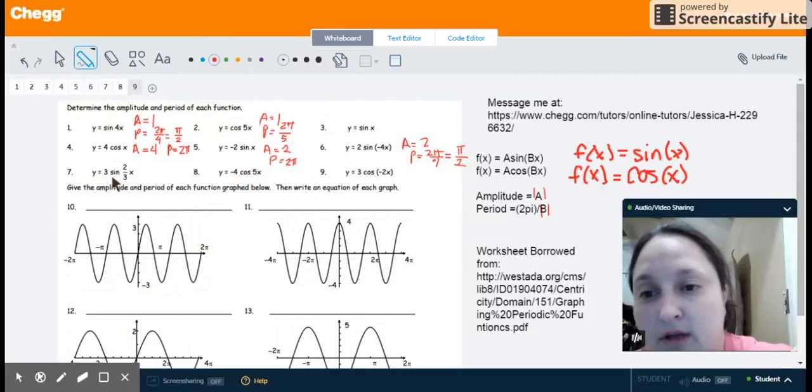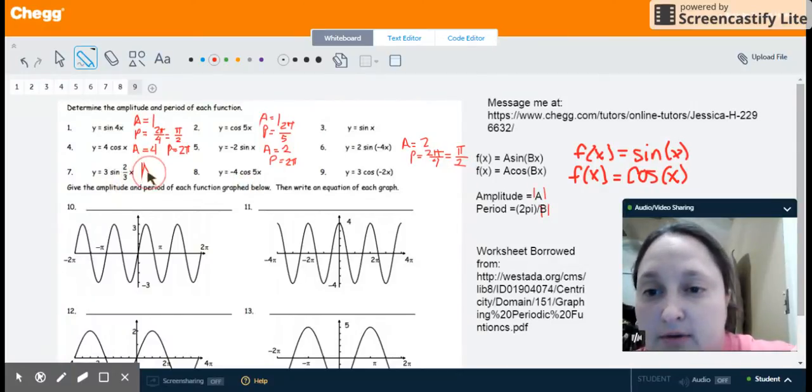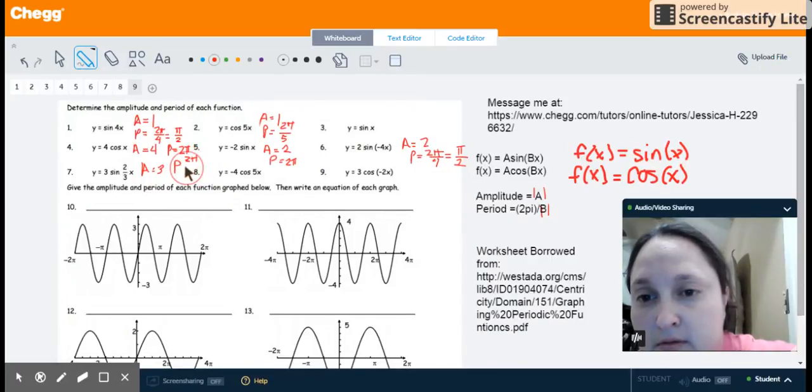Okay, let's look at this one that has a fraction in it. So in this case, the amplitude is 3. Pretty straightforward here, I think. However, the period is going to be a little tricky because it is 2 pi over 2/3.